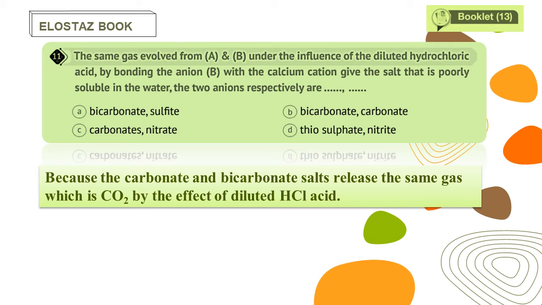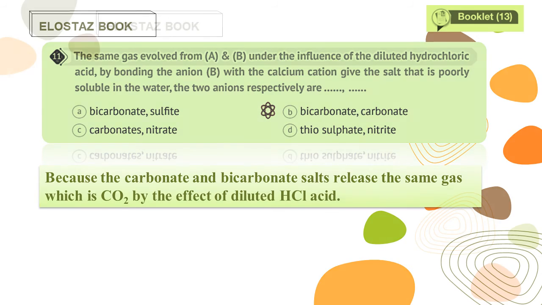One of them dissolves and the other does not. The calcium bicarbonate dissolves in short time, and calcium carbonate does not dissolve, forming a precipitate. We are discussing this for the second time, a comparison between two important radicals, carbonate and bicarbonate anions. So the right answer here will be B.